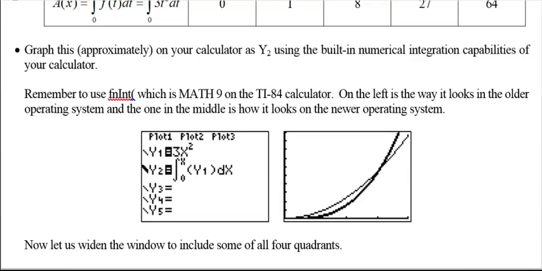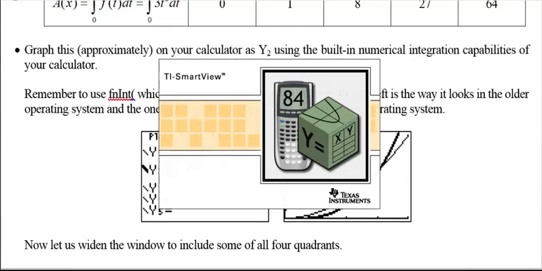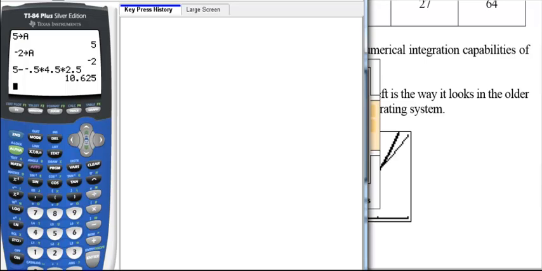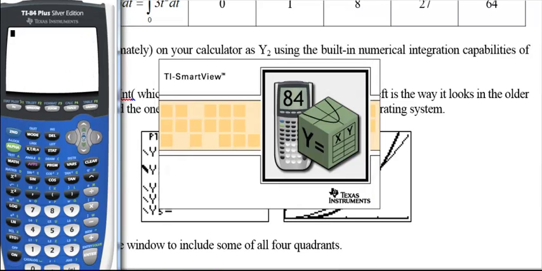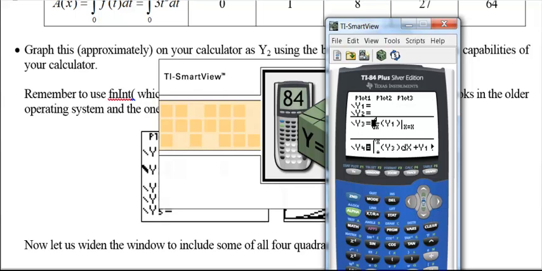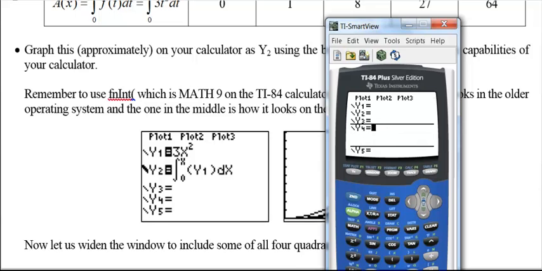Okay, well let me go ahead and just work that out for you here real quickly, what the screenshot would look like in the older operating system. Let's clear everything out here.